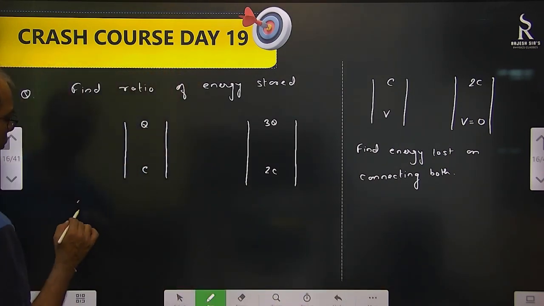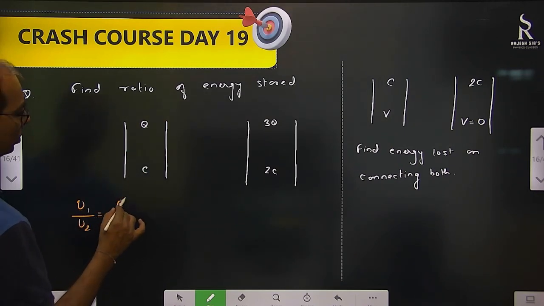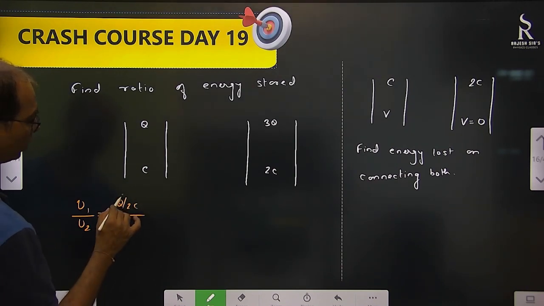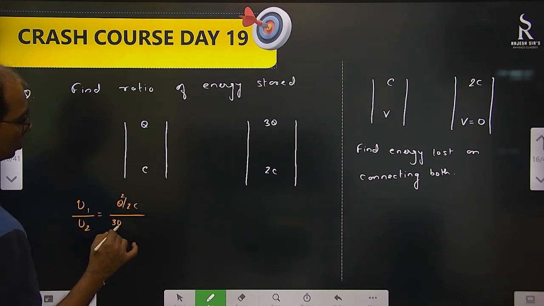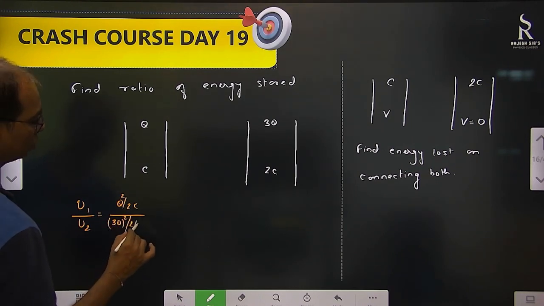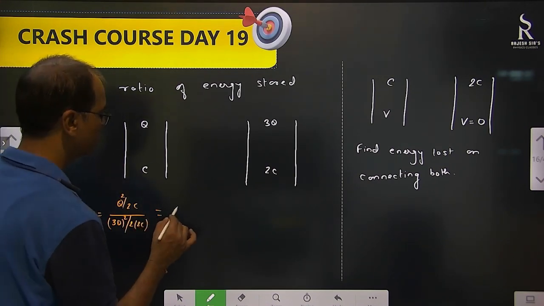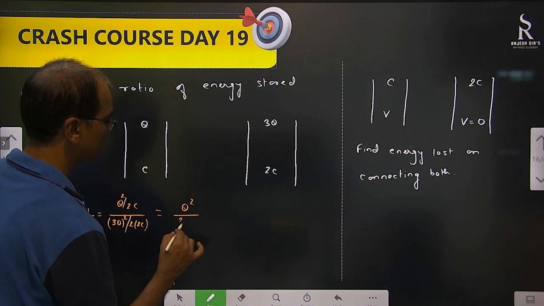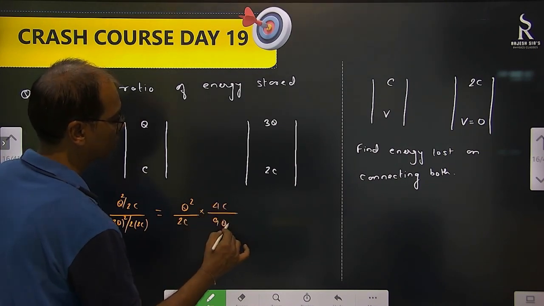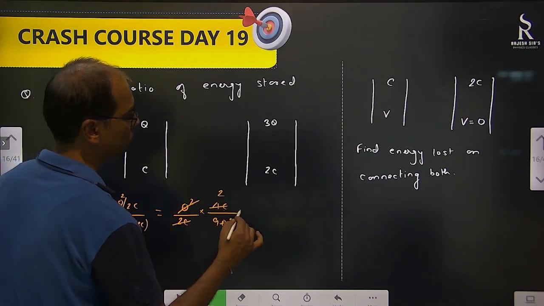U1 by U2. So what is its energy? It's Q square by 2C. What is its energy? Its energy is 3Q square by 2C. So here is Q square by 2C into 4C by 9Q square. It's cancelled and this is 2. So the answer is 2 by 9.